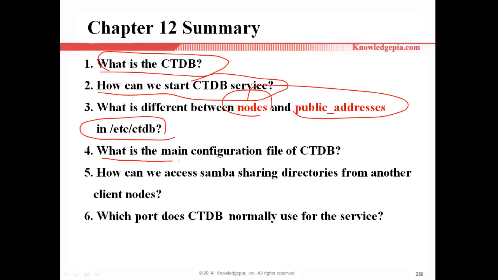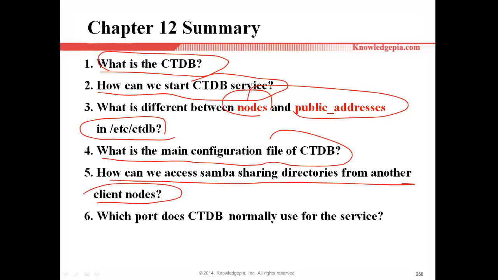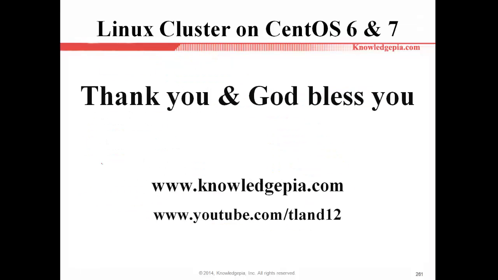Number 4, what is the main configuration file of CTDB? Number 5, how can we access Samba sharing directories from another client node? I introduced 2 kinds of commands to access Samba. And number 6, which port does CTDB normally use for the service? Using netstat, we can find this port.